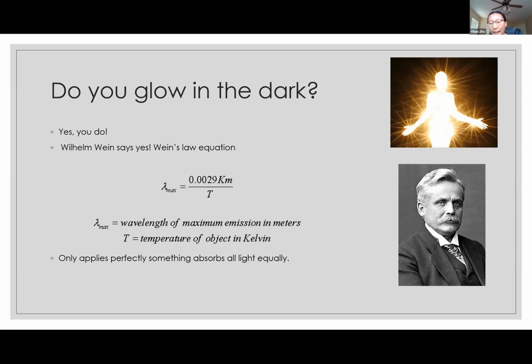On the other hand, the Celsius scale 0 is at the freezing point of water, which is not absolute 0. And so the way you can convert between Celsius and Kelvin is that 0 degrees Celsius is equal to 273 degrees Kelvin. Let me check the Q&A.